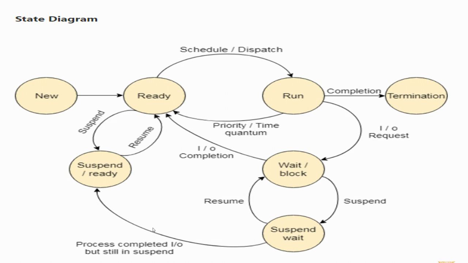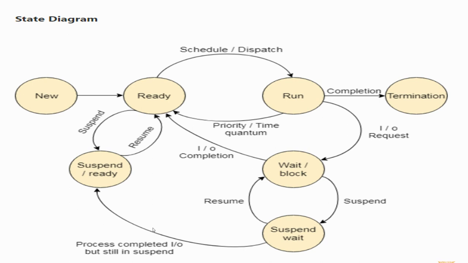So immediately all the three processes which are in the ready state will be suspended and sent to the suspend ready state, which means that the incoming process P4 will be given higher priority and it will be scheduled or dispatched to the CPU. So a process entering the ready state is not guaranteed to get the CPU for its utilization.